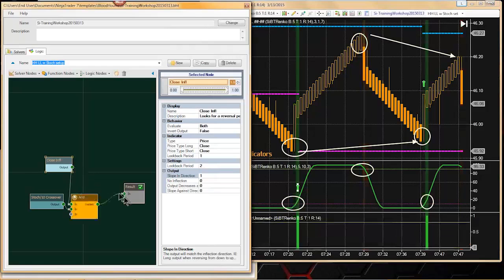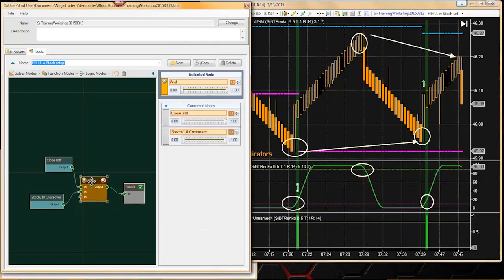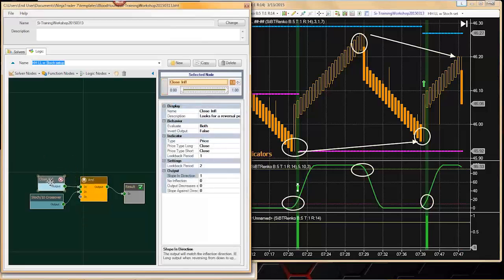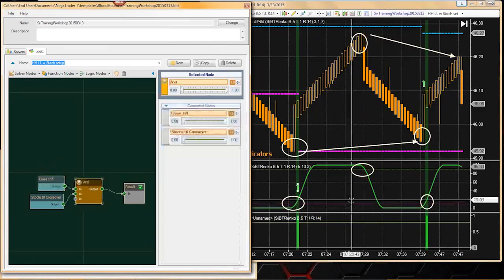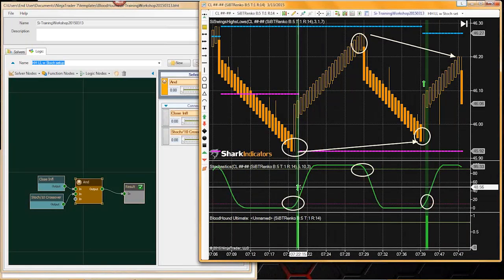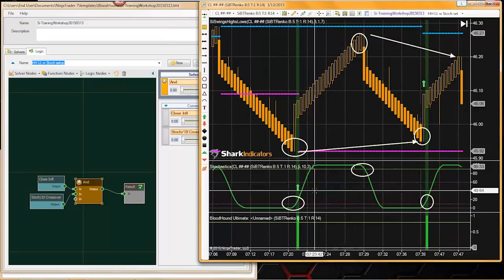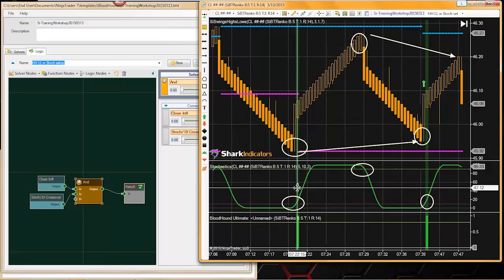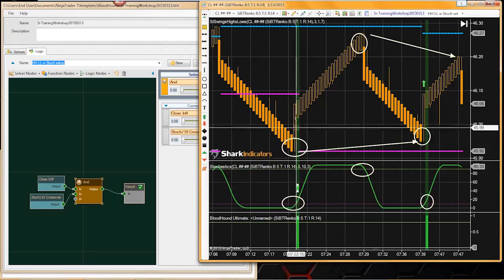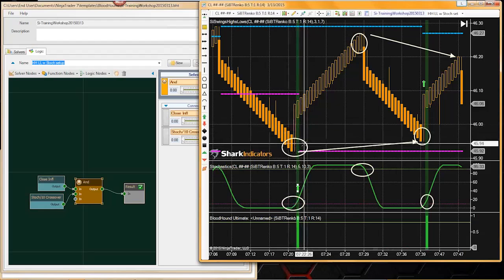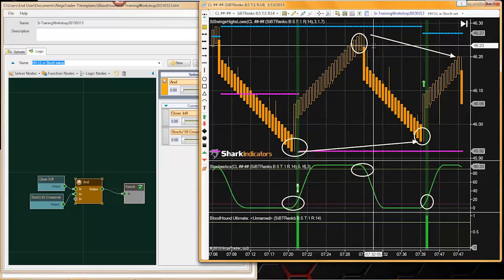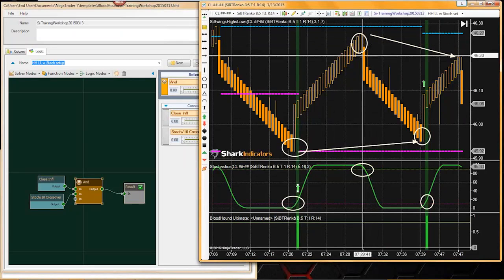So now if we look at the AND node, we're actually getting an output when both conditions are met. So that's condition 1, and condition 2 is going to be pretty similar, but we will have to change some things here.